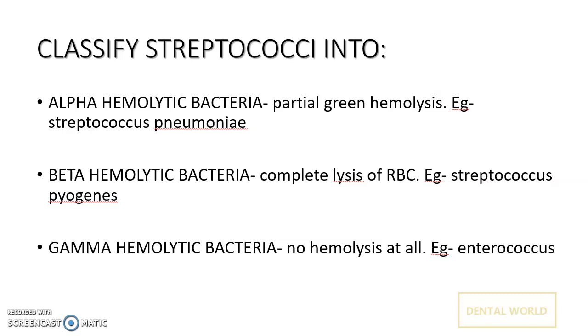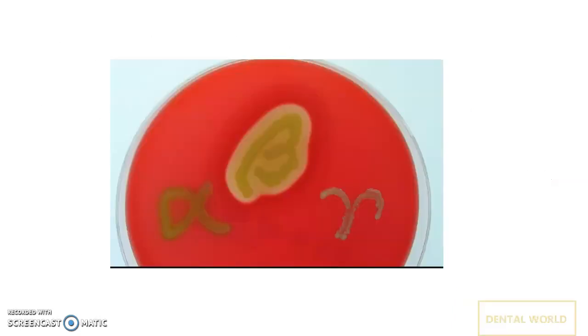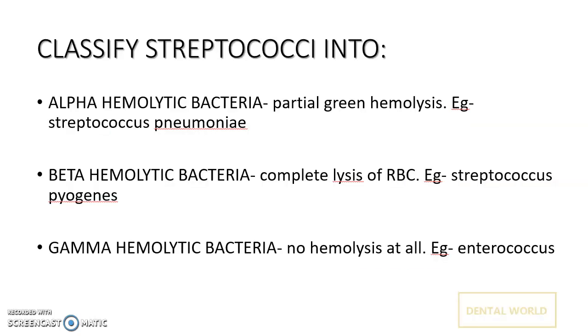Next we have beta hemolytic bacteria. They are associated with complete lysis of the RBC surrounding the colony. As you can see in this picture, the beta hemolytic streptococci, they show complete hemolysis of the surrounding RBCs. Example includes Streptococcus pyogenes, group A beta hemolytic streptococci.